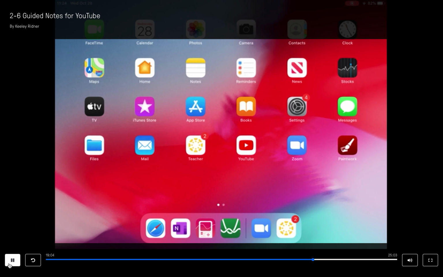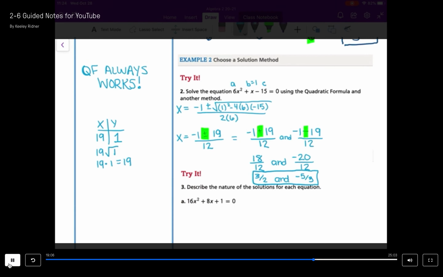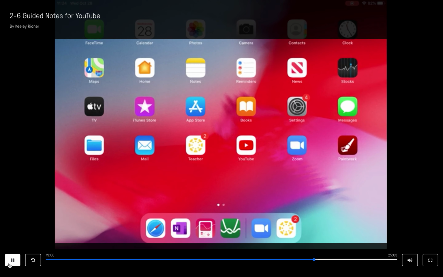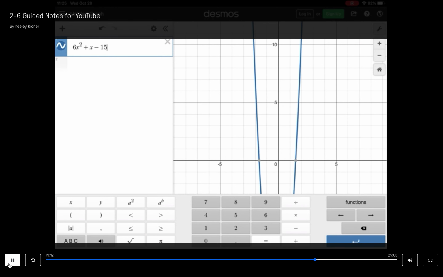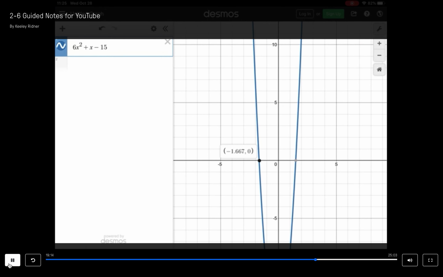I'm so sorry that this goes back and forth because I know that's a little dizzying for you guys. If I graph this way, I get those fractions. So 1.5 as a fraction is 3/2, and negative 1.6 repeating, which is what that decimal is, negative 5/3.